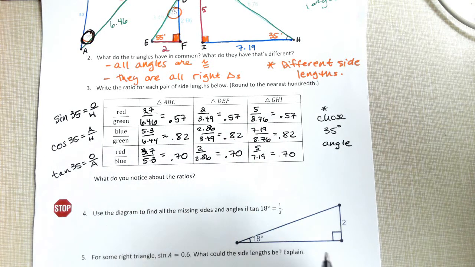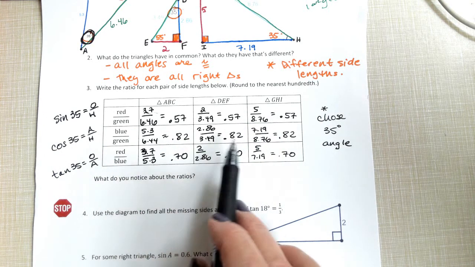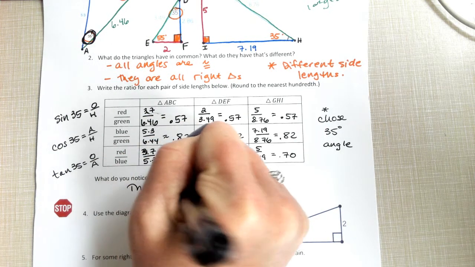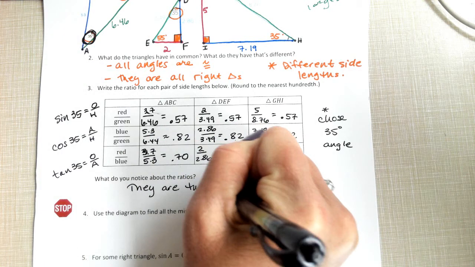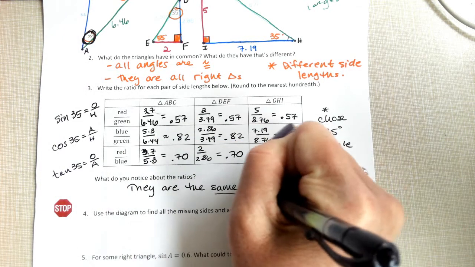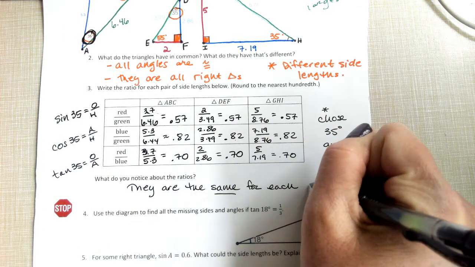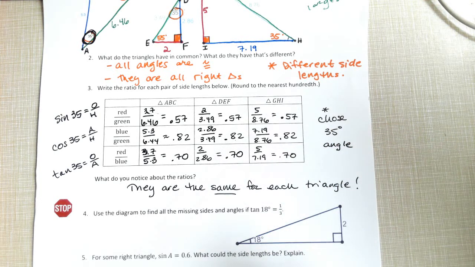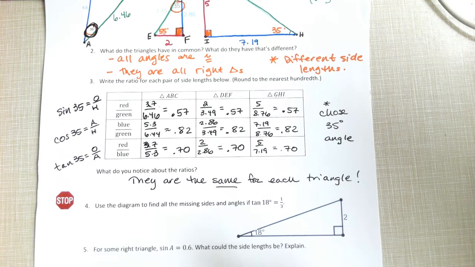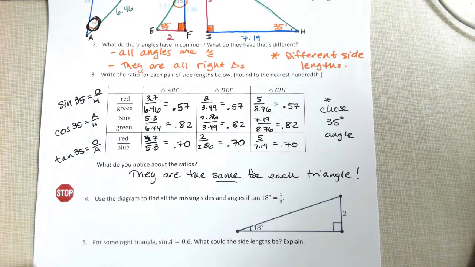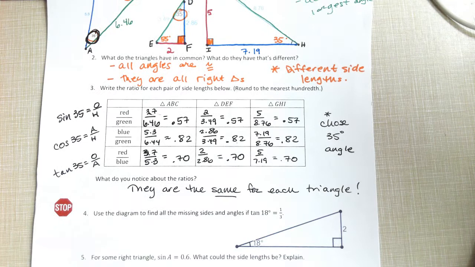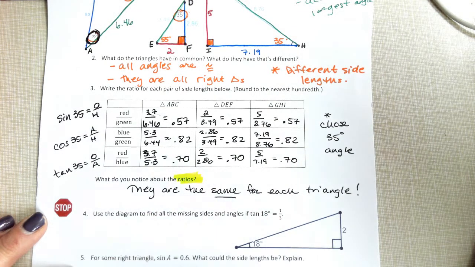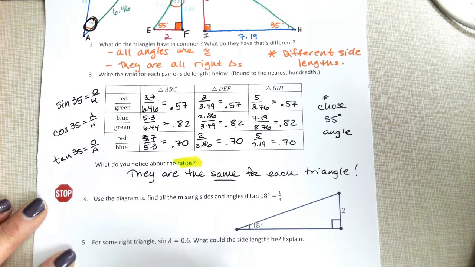Even if they were whole numbers, they're all the same. So even though these triangles are different lengths, the ratios are the same for each triangle.